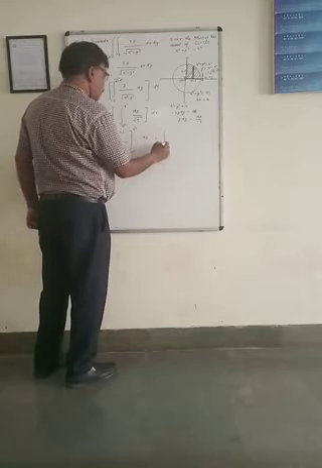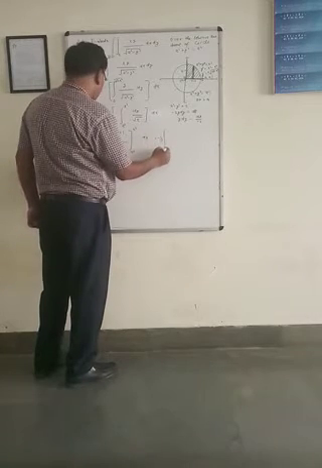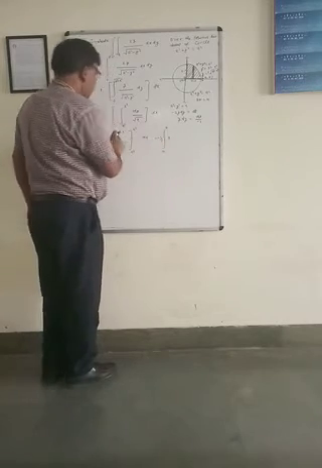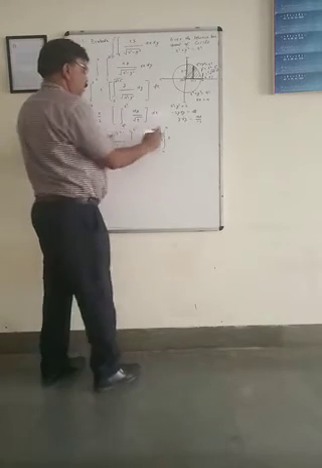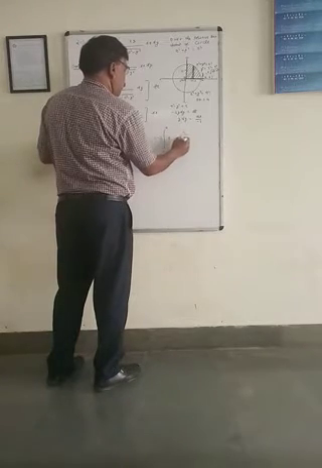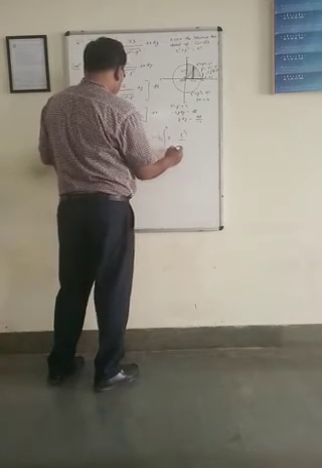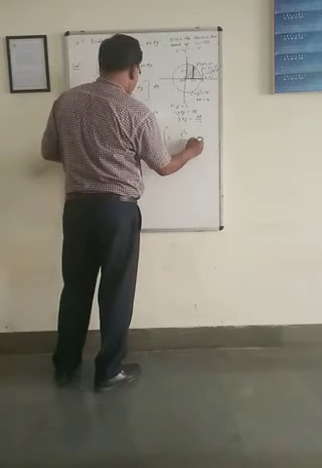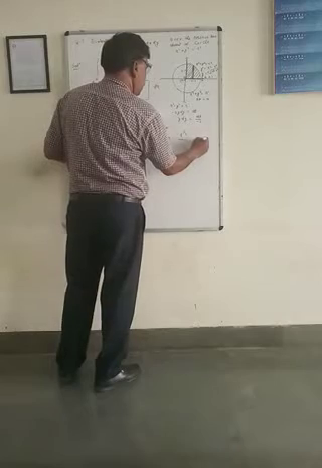Again minus 1 by 2, 0 to a, t to the power 1 by 2 upon 1 minus 1 by 2, again 1 by 2, dx.